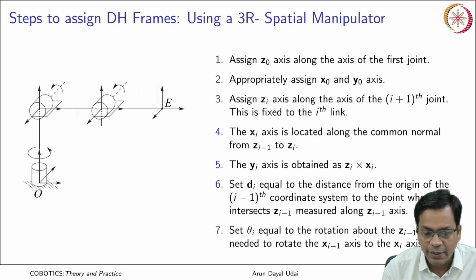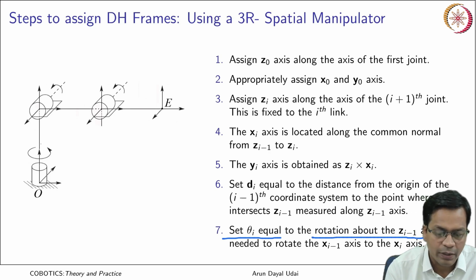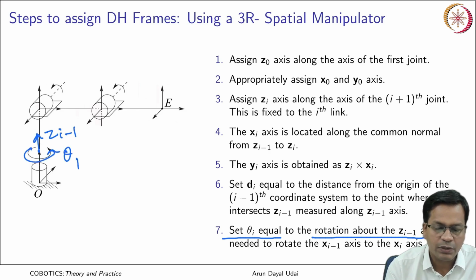Now set theta i equal to the rotation about axis zi-1. This is your zi-1, this is your theta 1, the first joint angle. If this is your z1, this is theta 2, and this is your z2, this is theta 3. So these are the joint angles.